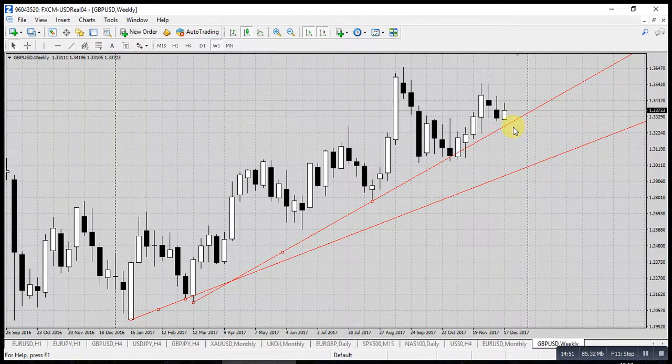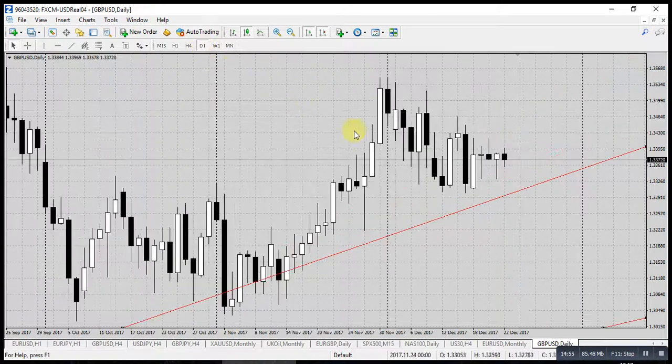So let's go to the low time frame. And what we see here, well, it's actually close to this trend line, so you can just not draw, or if you want to draw a new trend line, you can do the same thing. So this is the lowest low for this picture. So let's have a look.